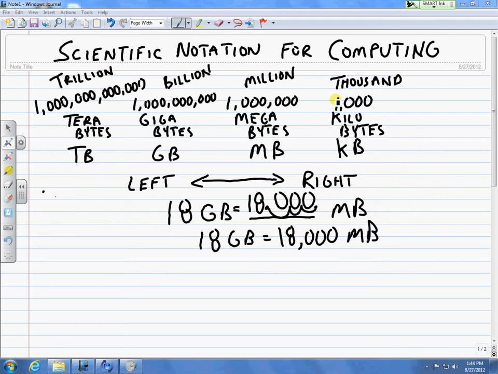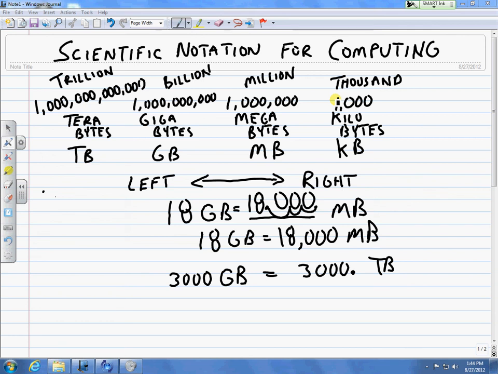Let me do another example, and this time we'll choose something different. Let's go from gigabytes to terabytes. Let's assume I have 3,000 gigabytes. How many terabytes am I going to have? First thing I'm going to do is put the decimal point there. Now I want to move it. I'm going from gigabytes, which is a smaller prefix, to terabytes, which is larger.